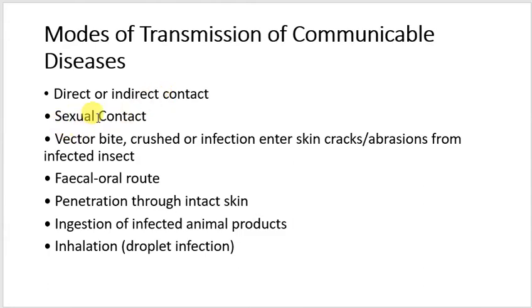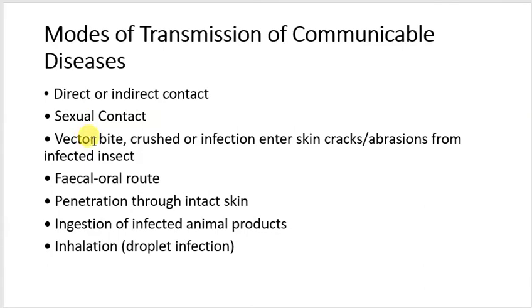The next is sexual contact, as we have in our second group, sexually transmitted disease, which means you have bacteria or virus in one person, and during sexual contact or sexual intercourse, those bacteria are transmitted from that person to another person. Another mode is vector bite.